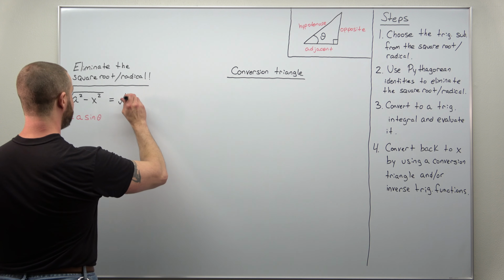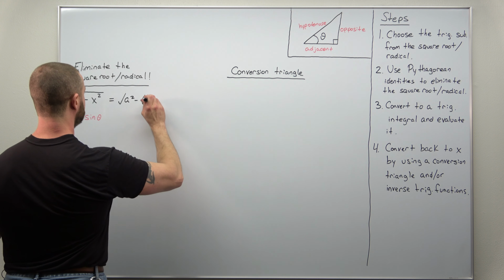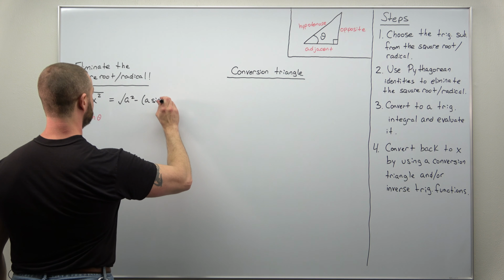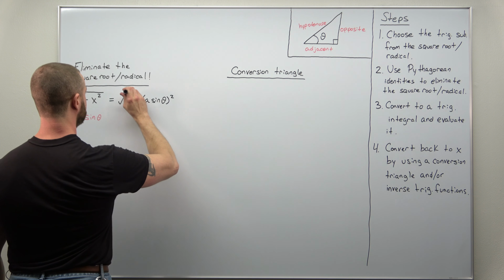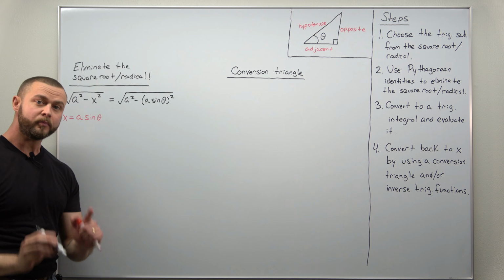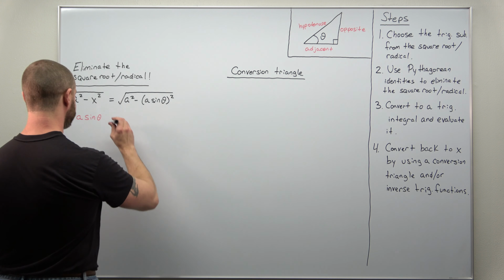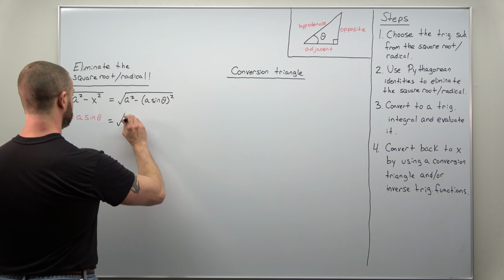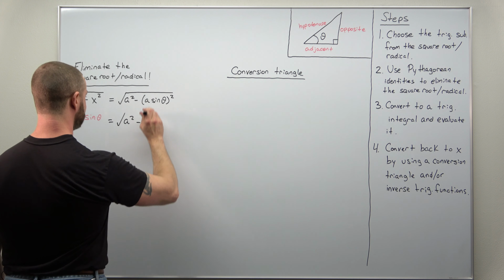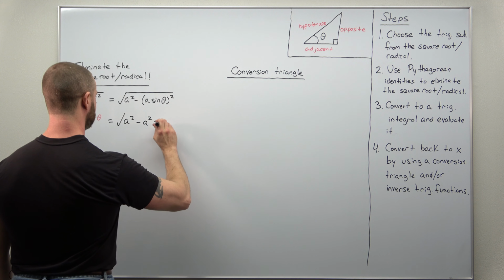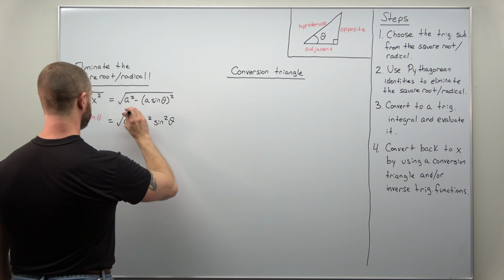We're going to replace x with a times sine of theta, and that is inside your square root. Next, use properties of exponents to square both a and sine of theta. You'll get a squared minus a squared times sine squared of theta.